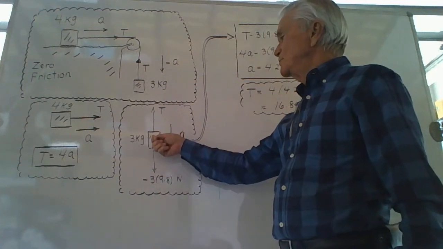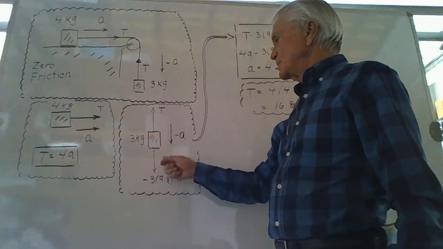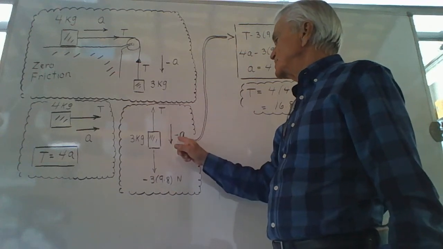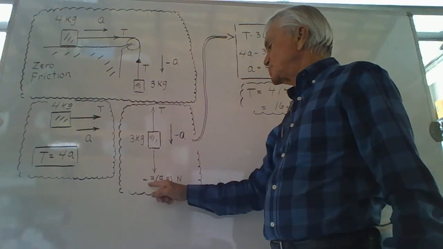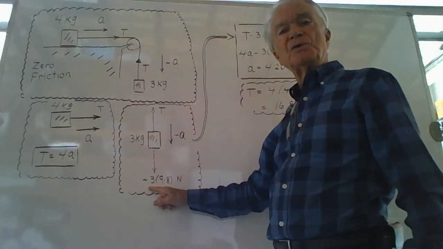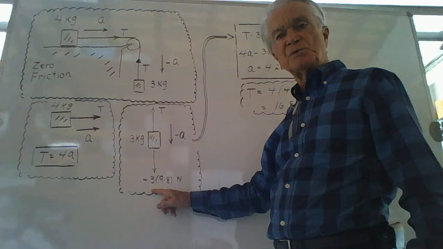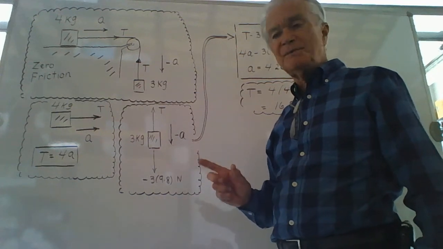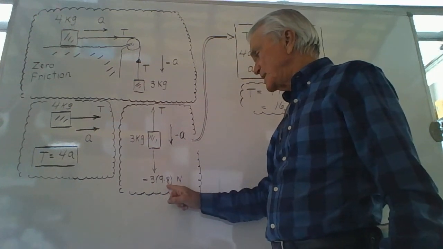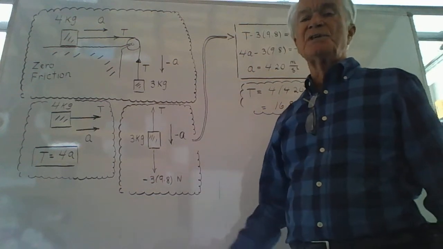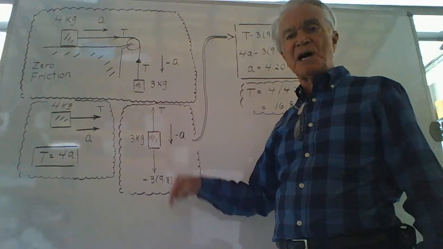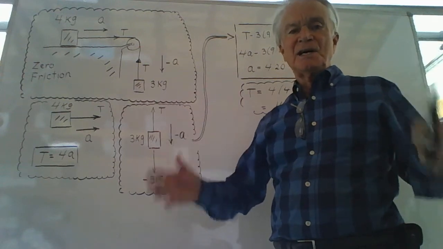So the block will be moving downward. It will have, as we said earlier, an acceleration symbolized as negative a. I show here pull by earth, the so-called weight of this object, which is mg in magnitude, 3 times 9.8, m times g. We have to insert a negative sign there because that force points downward in the negative direction.